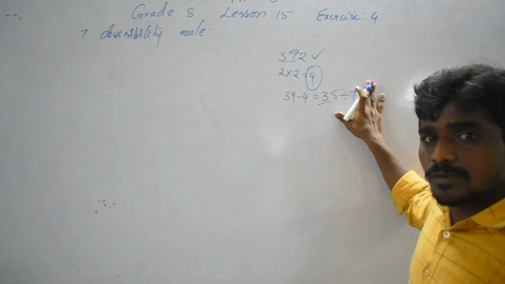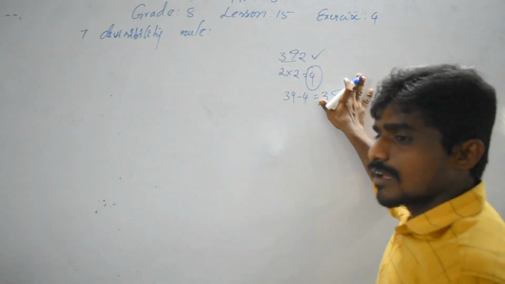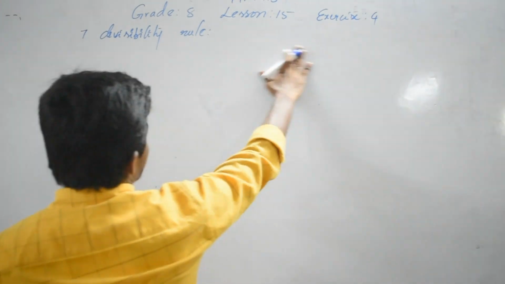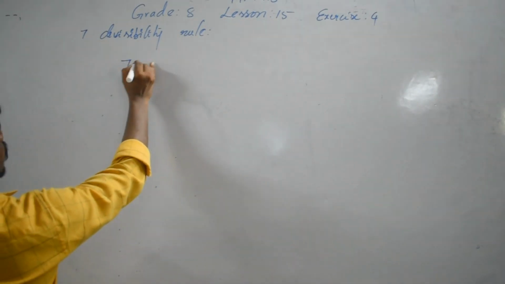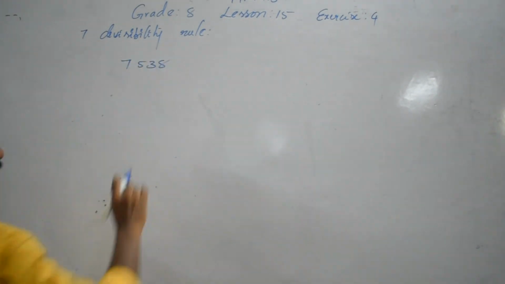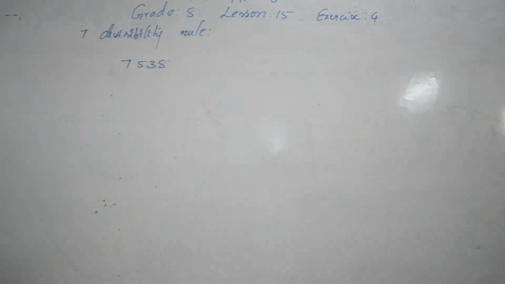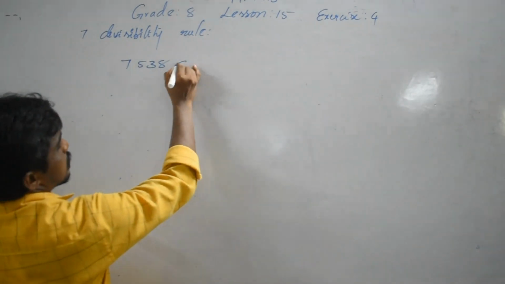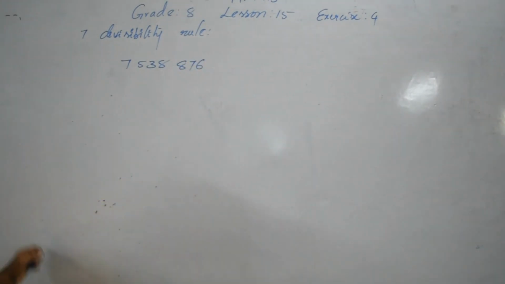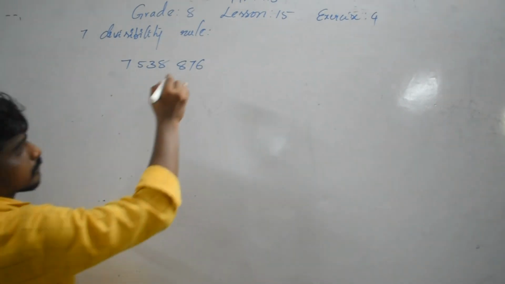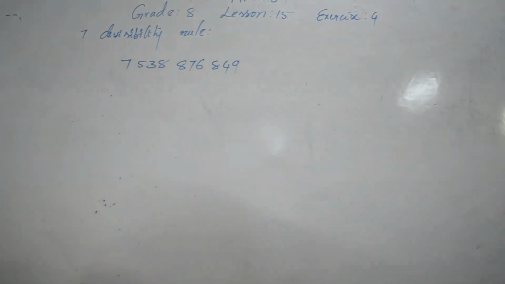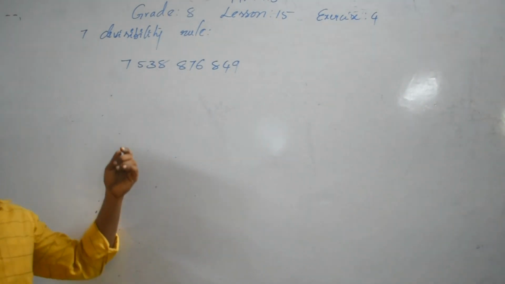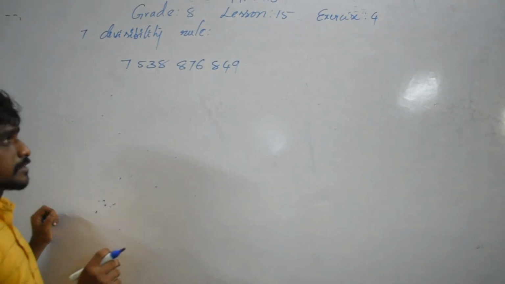So this is the 7 divisibility rule. When large numbers are given, how do we do it? Like here, a large number is given. How do we do this using the 7 divisibility rule?